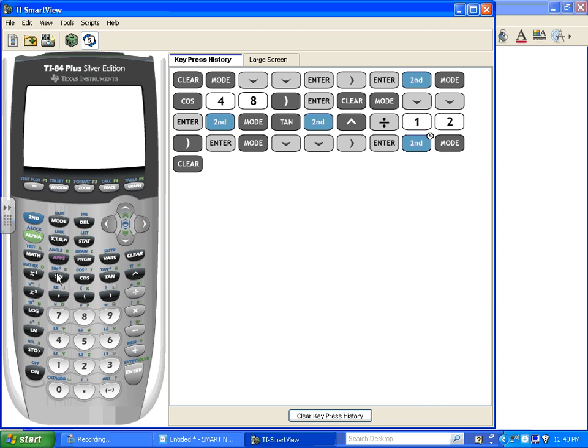Written in blue above those, you have sine to the -1, cosine to the -1, and tangent to the -1. Those are called inverses. Inverses are not the same thing as reciprocals, and so you don't want to use those buttons yet. We're going to learn later on what those mean.